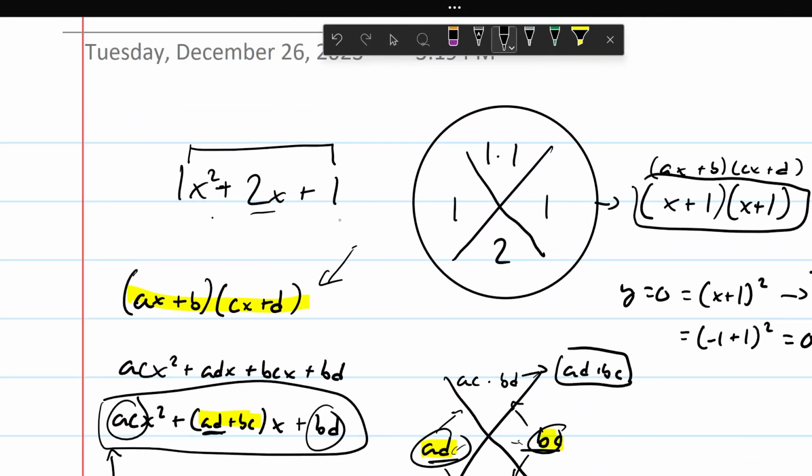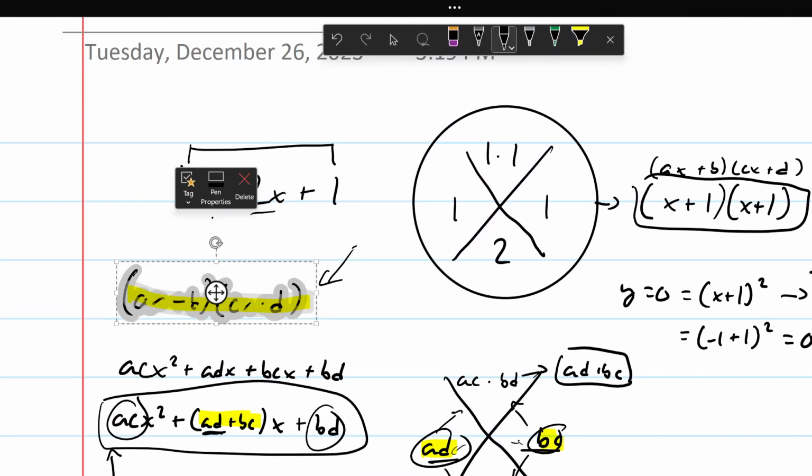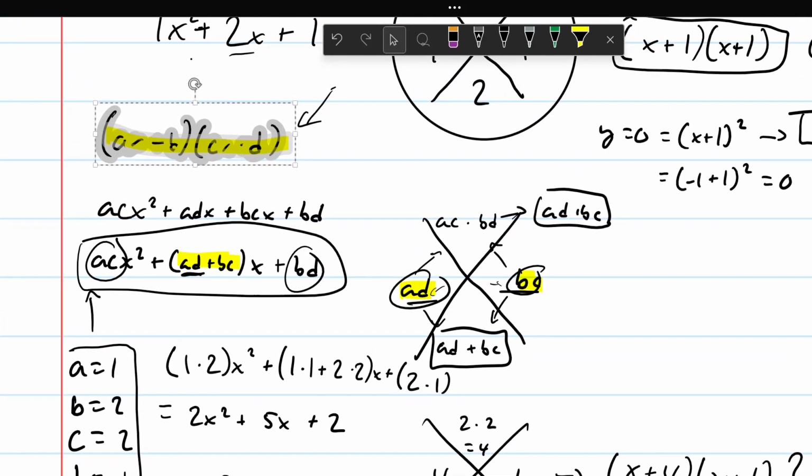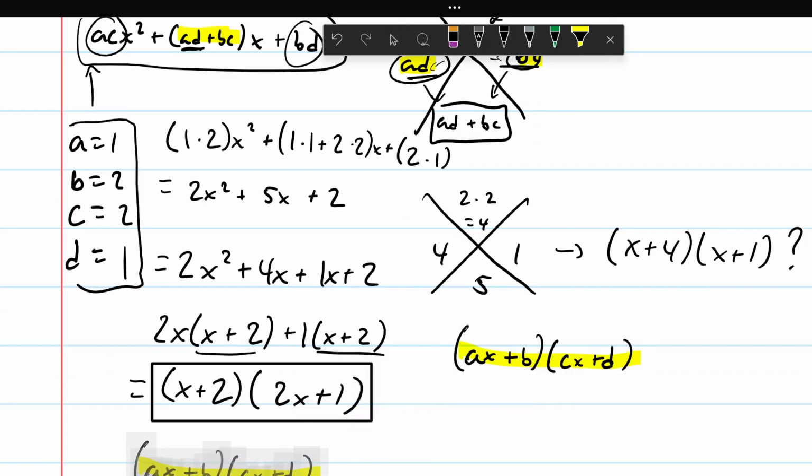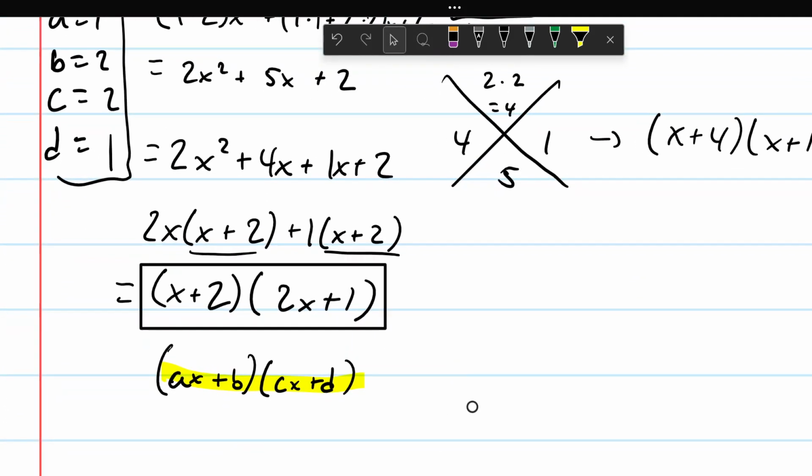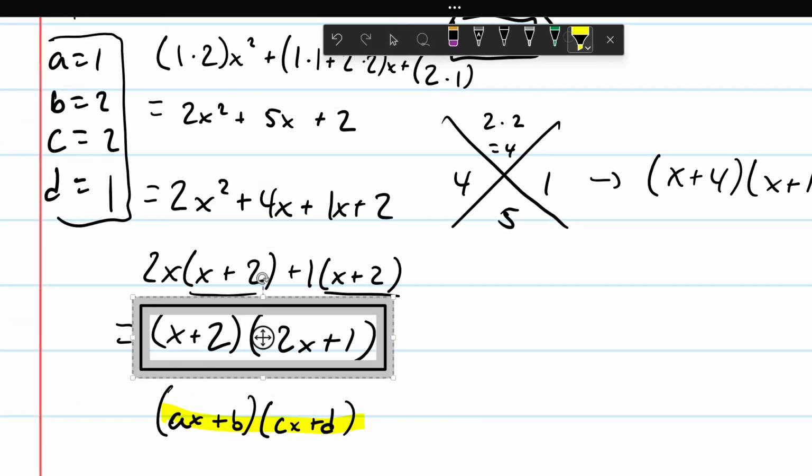Let me get this right here, and let's plug in these numbers over here. They should be the same.